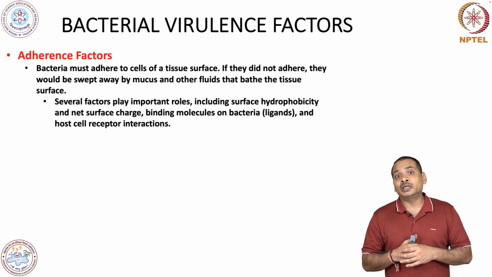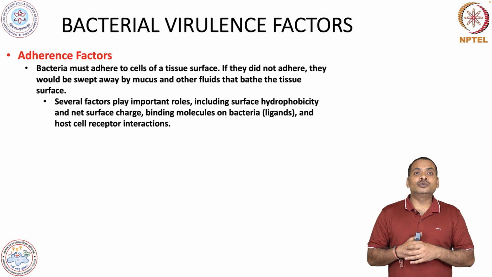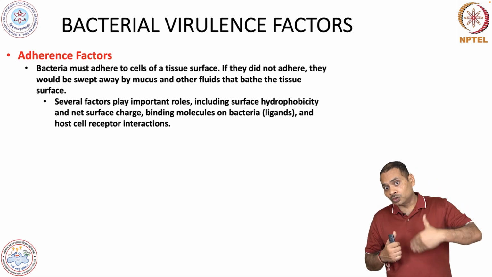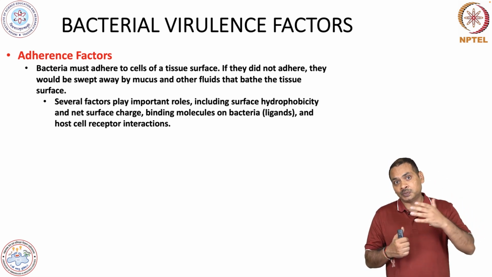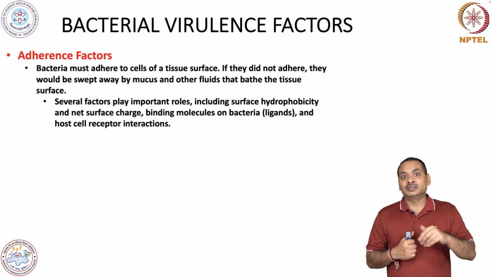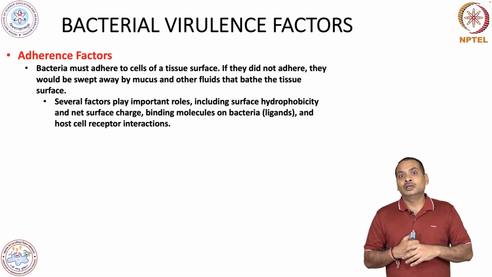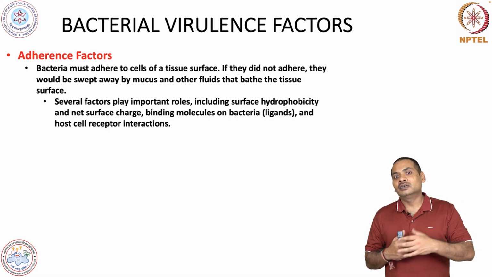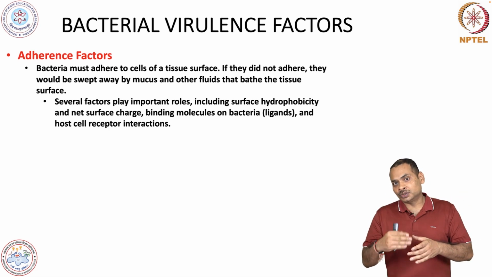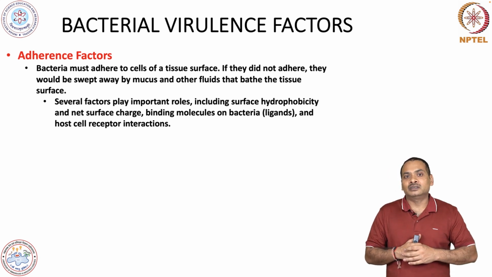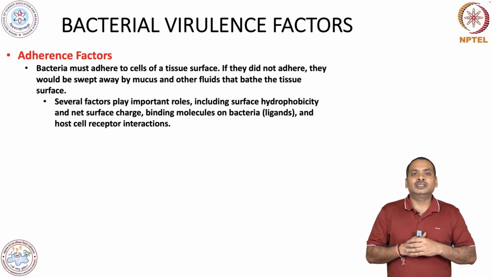If they do not adhere, they would be swept away by mucus. There is a continuous flow of mucus. This is an innate immune response, and in some places there are cilia. These things don't allow adherence to host surfaces, so the bacteria cannot adhere because of these actions.